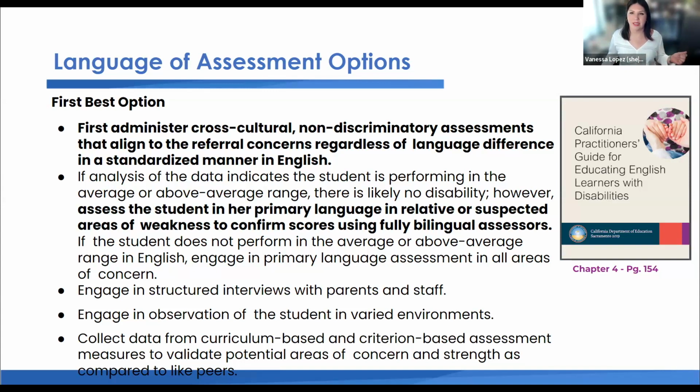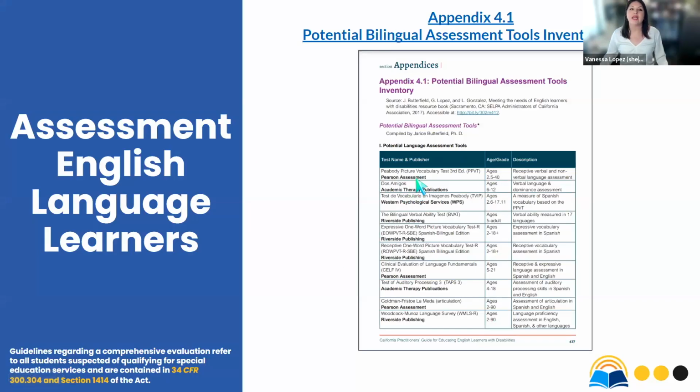Again, the appendices 4.2, 4.5, and 4.7. We are also going to collect data from curriculum-based and criterion-based assessment to validate potential areas of concern and strength as compared to like peers, right? First best option, pie in the sky, what we all aim and strive for. And that is related to those potential bilingual assessment tools, right?